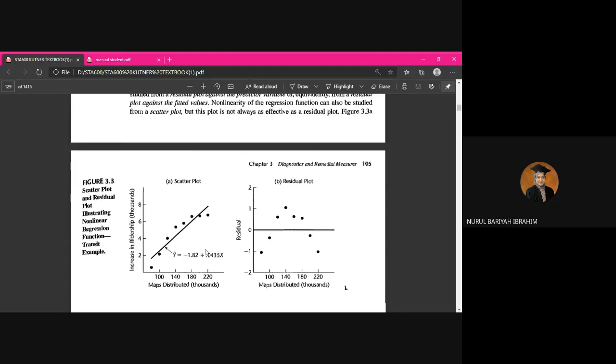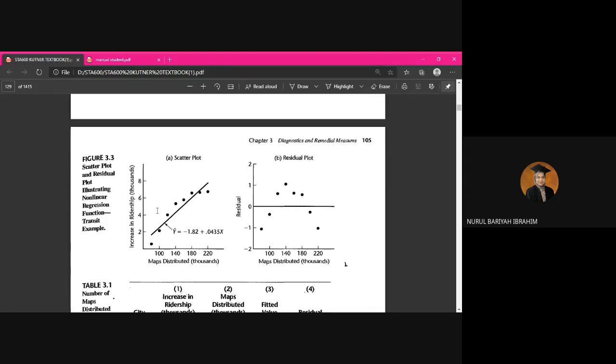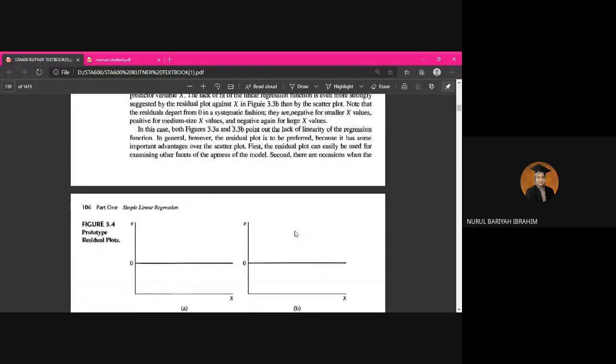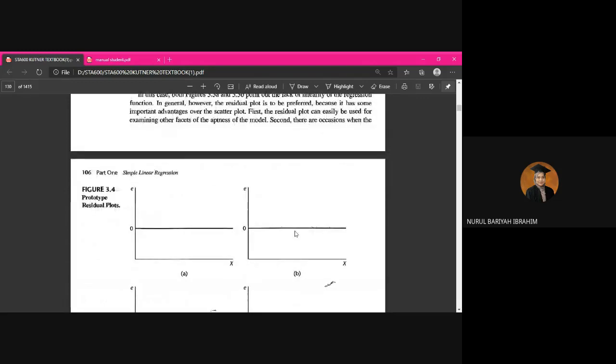Okay, this is an example where the linearity is not fulfilled, because you can see a quadratic curve here. And also you have learned how to check using the lack of fit test. You did the lack of fit test earlier, with the condition that the levels of X must be repeated.